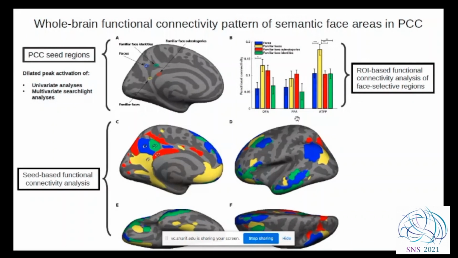Another result here is that the anterior temporal face patch, in ventral temporal cortex, is preferentially connected to one of the PCC regions which responds more to familiar faces. Basically, this is the region that distinguishes familiar from unfamiliar faces.